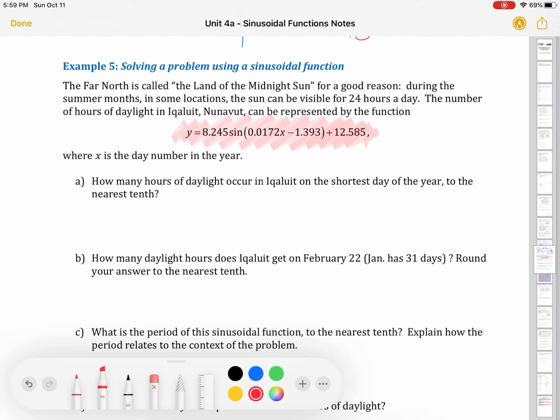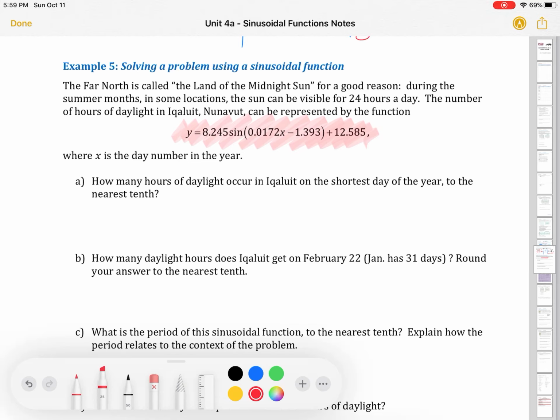Well, if we're looking for the shortest day of the year to the nearest 10th, we're going to be using this equation to figure it out, right?